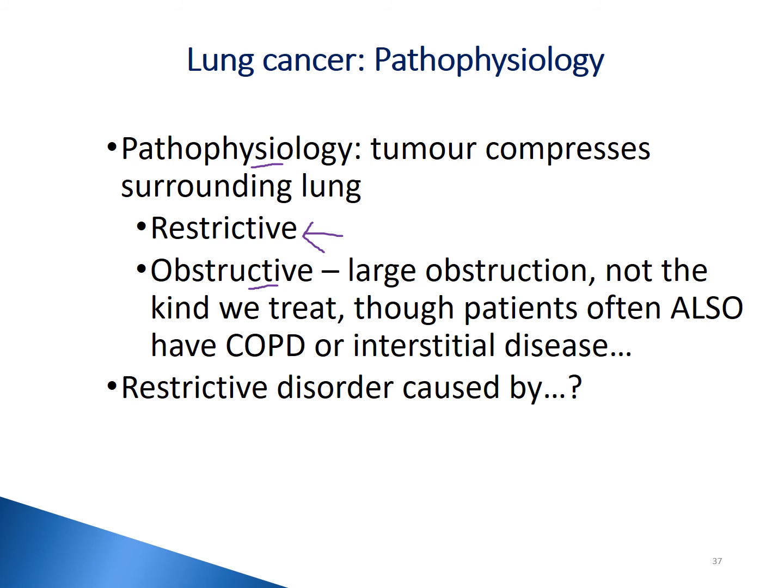Obviously, our airway clearance techniques are not going to work for tumor, but you may have some of the symptoms from obstructive disease as well, wheezing, etc. And patients also often have COPD or maybe interstitial disease because the risk factors are shared. So most of the people with lung cancer are heavy smokers, and so they may also have some COPD or IPF happening as well.